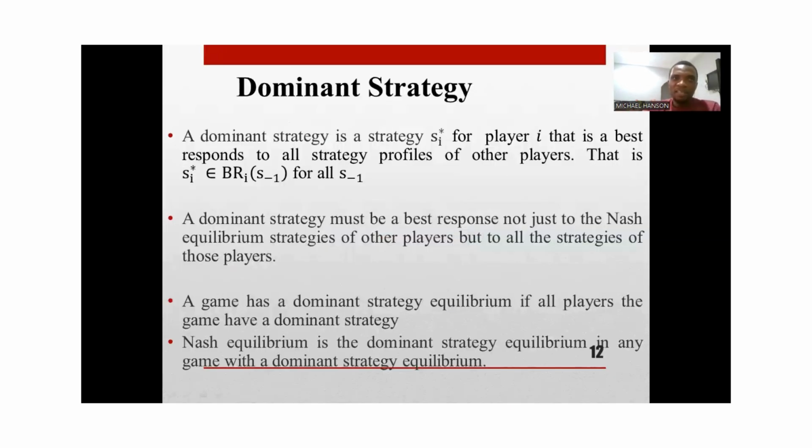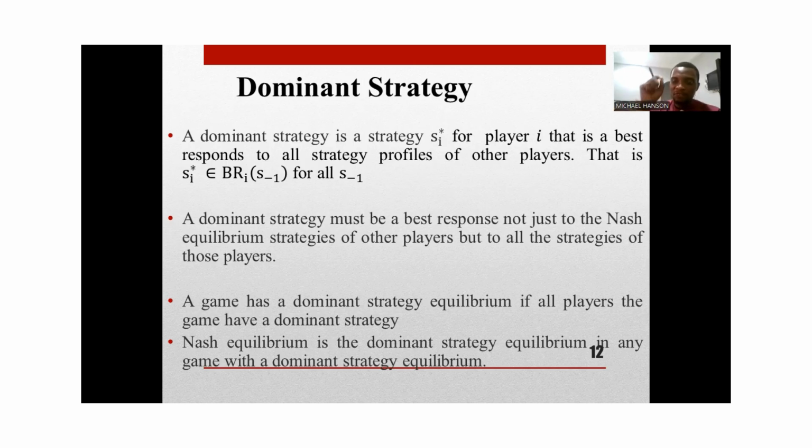Now, a dominant strategy is the best response that a player always makes, irrespective of the strategy the second player plays. If you can see from the definition, these are from Mas-Colell et al. 1995 as our main reference material. So a dominant strategy is an s_i star for player one.